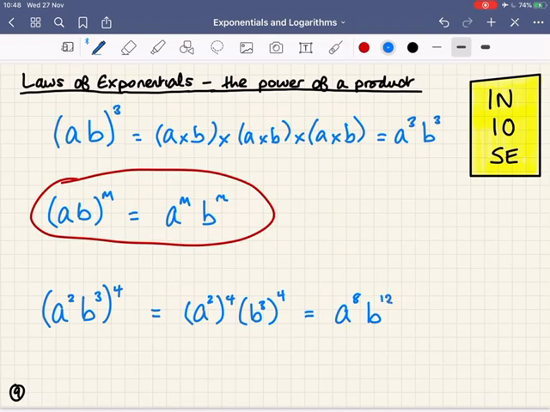So you hopefully can see that you can do that all in one go. 4 times 2 gives me my 8 over here, and 4 times 3 gives me my 12 there. And that's also a very useful and quick way of dealing with that expression.